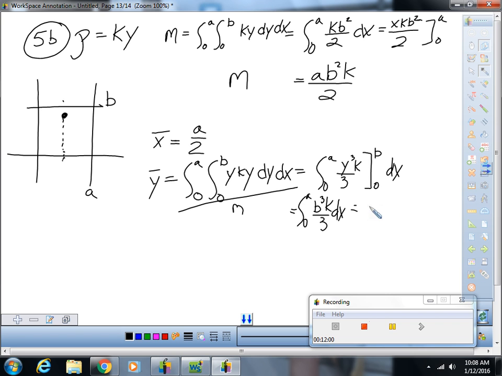So that's basically a b cubed k over 3. Well, I shouldn't circle that at all, because what have I not done yet? Haven't divided by my mass. So divided by a b squared k over 2.